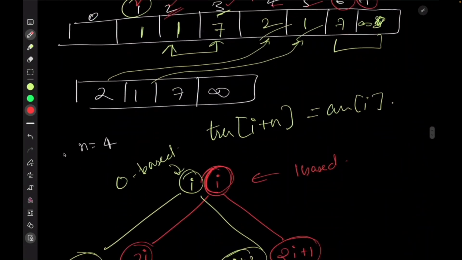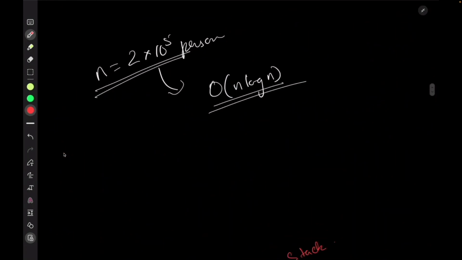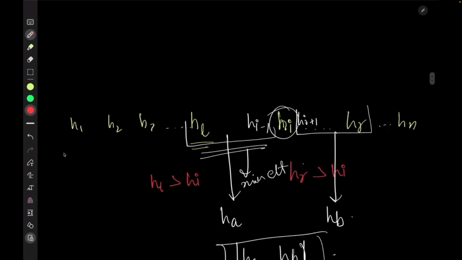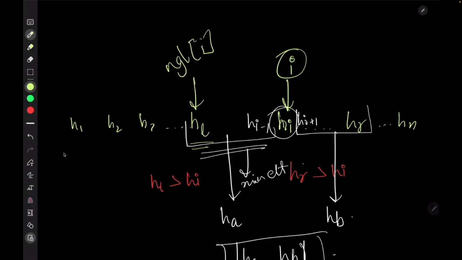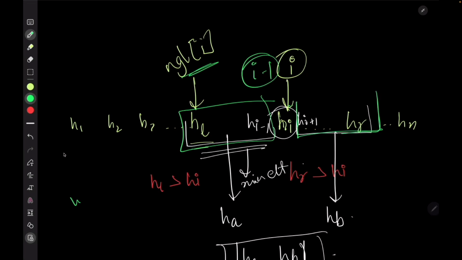What I mean is, for every i, we know that we have NGL of i. So we need to find the minimum value in this range, NGL of i and i minus 1. And similarly, we need to find the minimum value in this range, i plus 1 and NGR of i.